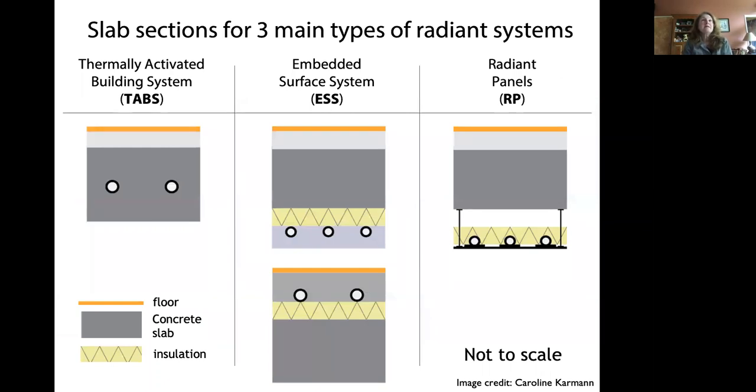So there are different ways to use radiant systems. One is called thermally activated building systems, or TABs. And on the far right, the radiant panels. And then in the middle, there's kind of a hybrid of the two.